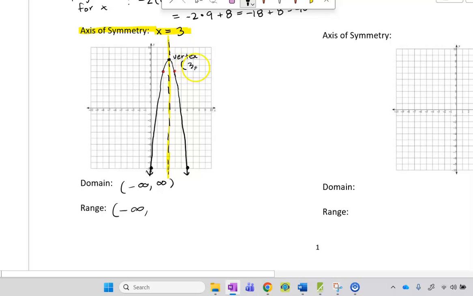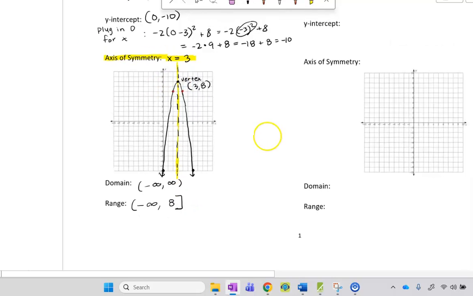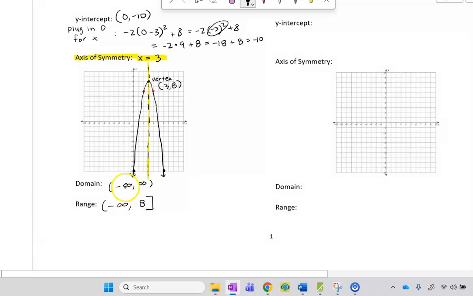Our vertex is at 3, 8. So the highest it goes is 8. Remember, put a bracket there because it is solid at that place. So there will never be a time where you'll put a parenthesis in your range next to the number, because our parabola will always be solid the whole time. So parentheses only need to go next to infinity and -infinity when we're doing these parabolas.